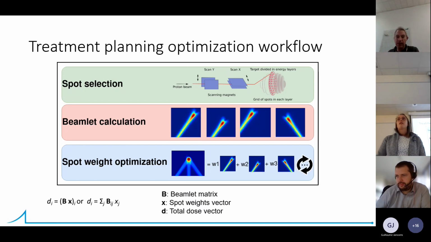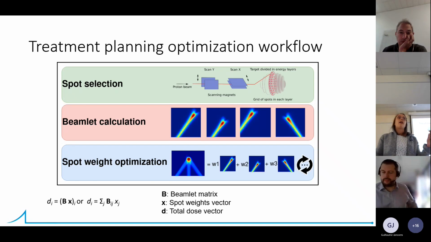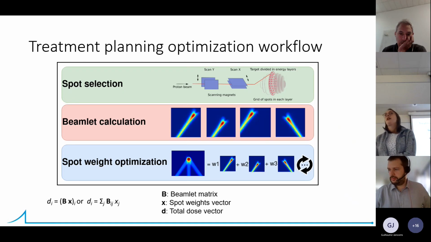What it means is that you have your target in your patient and you have to place the spots in it because we are using pencil beam scanning. And so what we do is that we divide our target in different energy layers, depending on the depth inside the target in the patient. And then we have this grid of spots in each energy layer and we will irradiate spot by spot, layer by layer, and beam by beam.